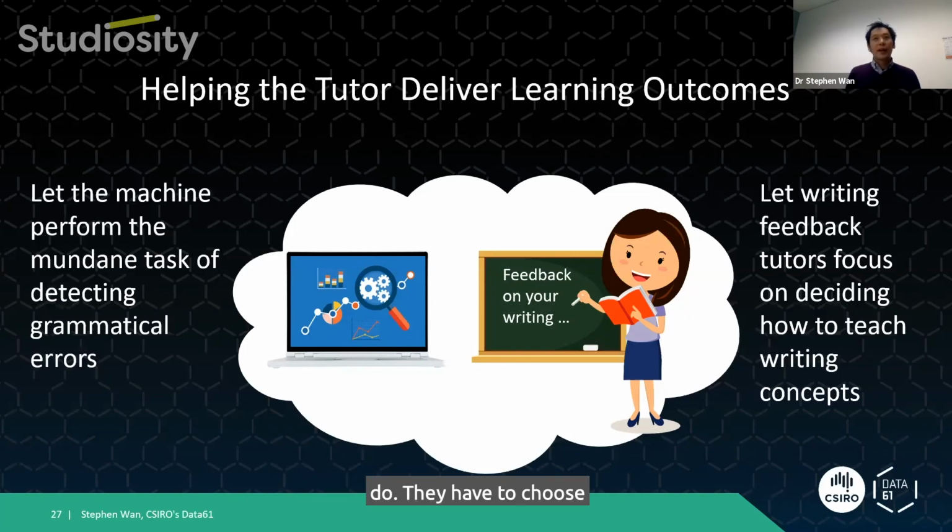Think about what the tutor has to do. They have to choose what's appropriate at that particular time to help the student, and choose how best to wrap that message up to give to the student. And that's a really complex task.